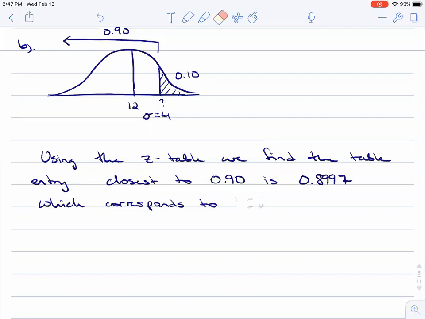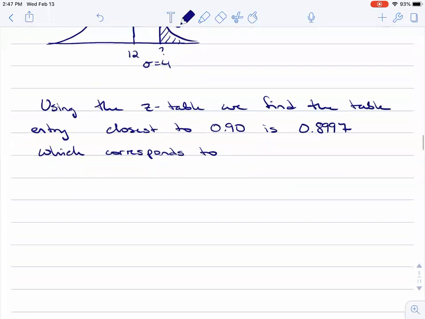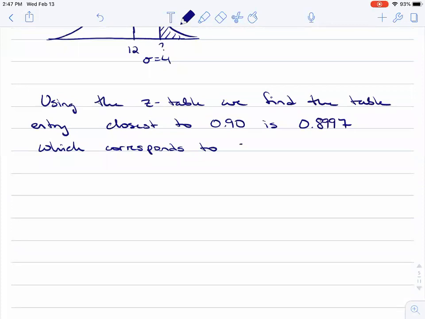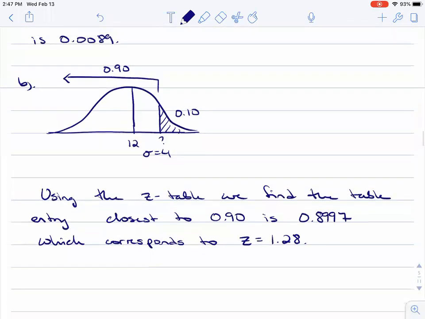Oh, should say Z of 1.28. So 1.28 is the standardized value of this point. Now we can unstandardize it to find the weight. That makes that cutoff.